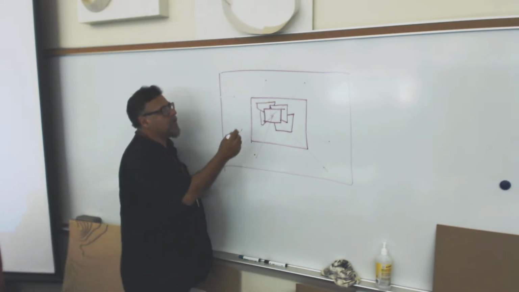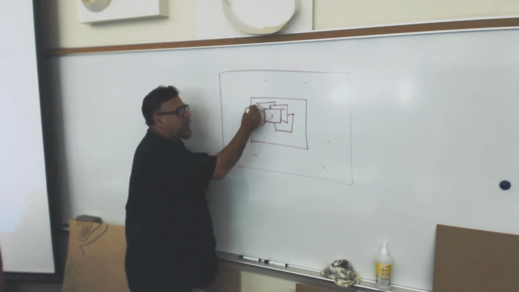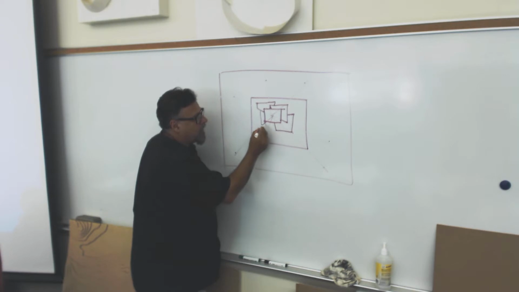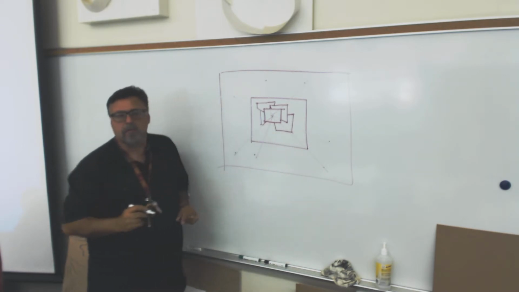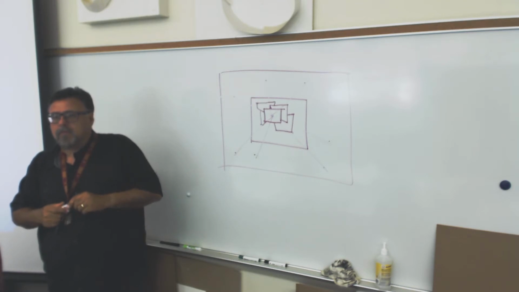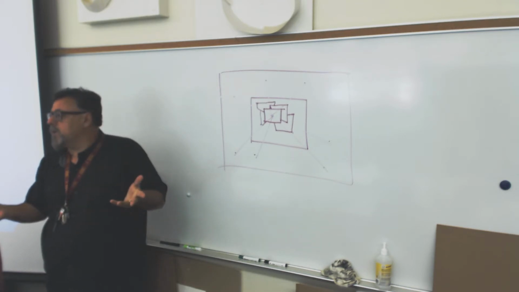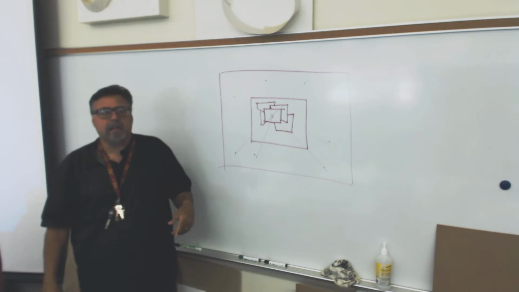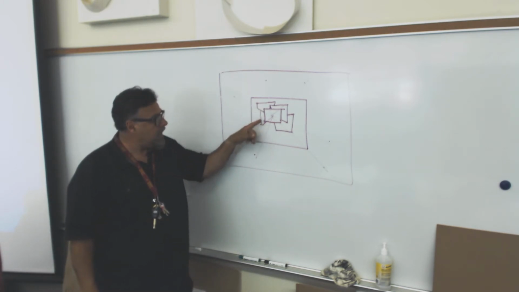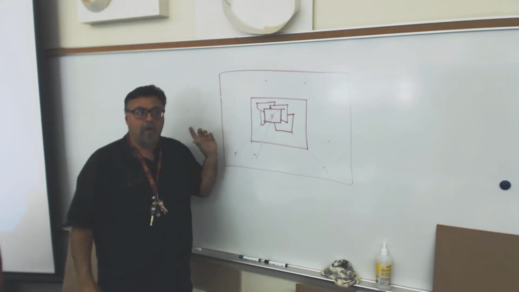One of the things I want you to understand is that this corner point is that corner point. This corner point is that corner point. This corner point is that one. That one is that one. Every time you offset that out, in AutoCAD, you wouldn't have a choice, would you? If you hit the offset command and you say 4 feet, it's going to take that object and go out 4 feet.